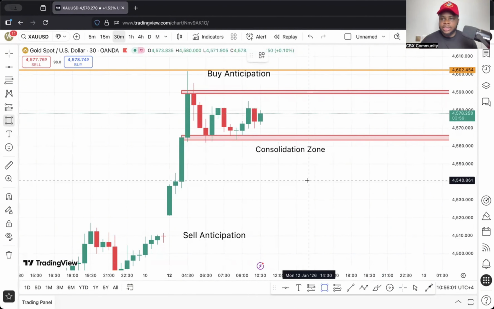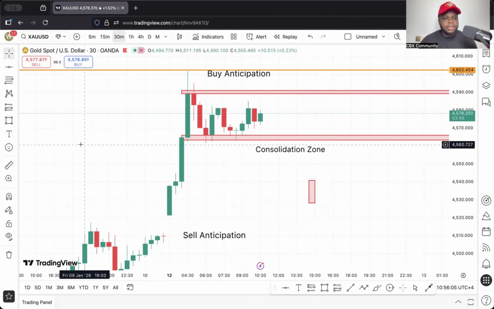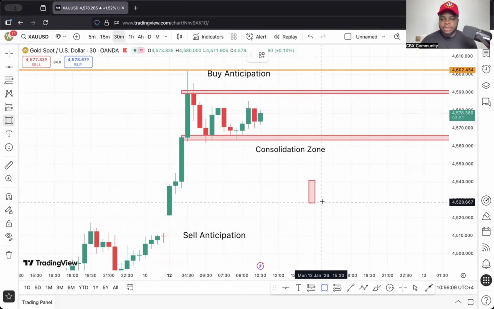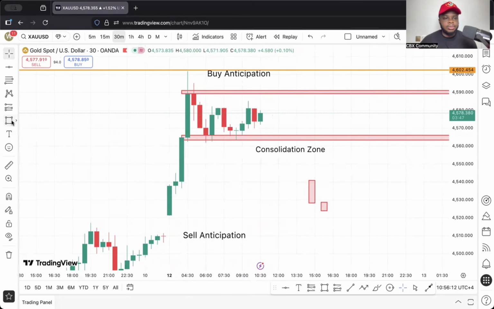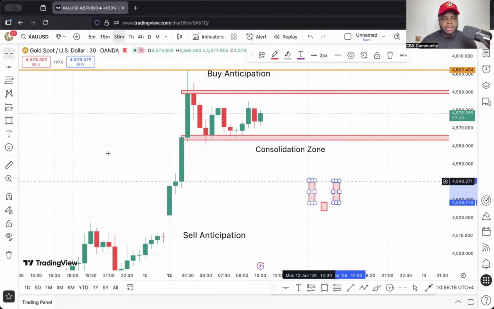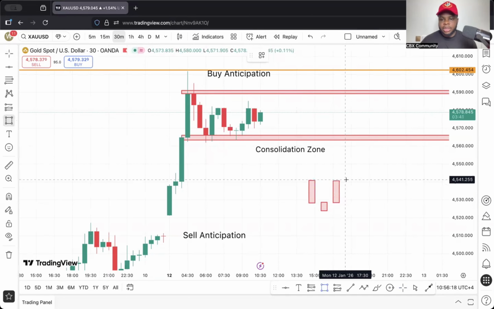So when I say consolidation zone, just for the new people that joined, the moment you have a bearish candle and a bullish candle, I'm going to change the color. Let me just show you guys.